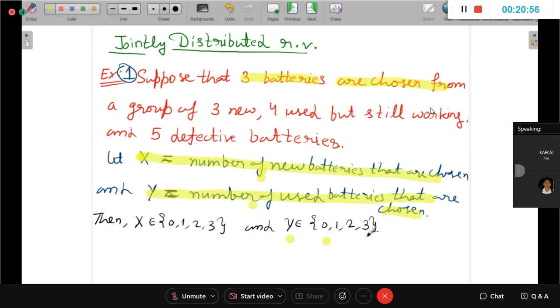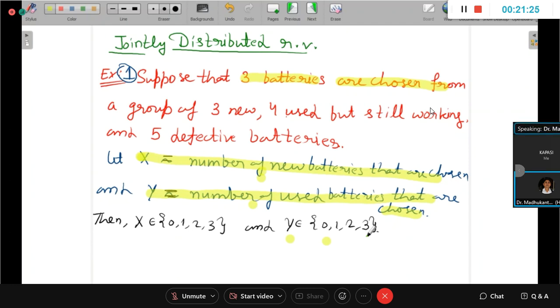Now we wish to define the relationship between these two random variables X and Y. So there are two random variables, and some experiment is performed. What is that experiment? Three batteries are chosen from a bag which contains 3 new, 4 used but still working, and 5 defective batteries.